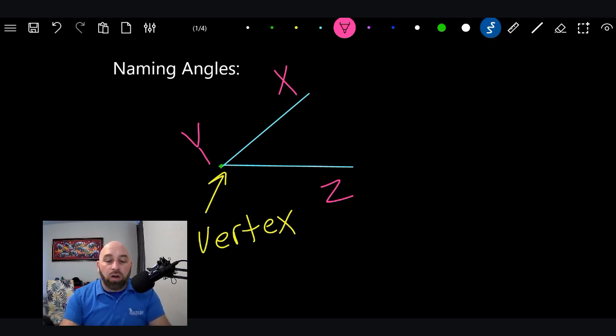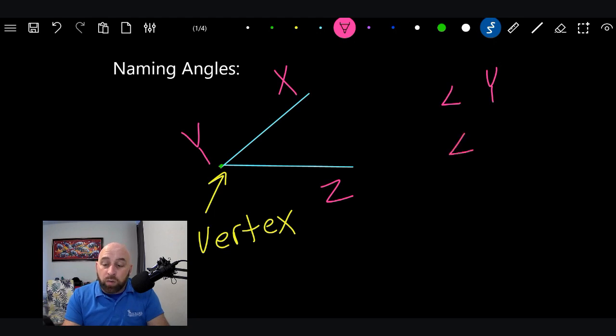I can call this angle right here different things. I can name it differently. One name that I can name it is angle Y. I can name it after the vertex. I can just say, okay, that's angle Y. And I know what angle I'm talking about. It's the angle based on the vertex.